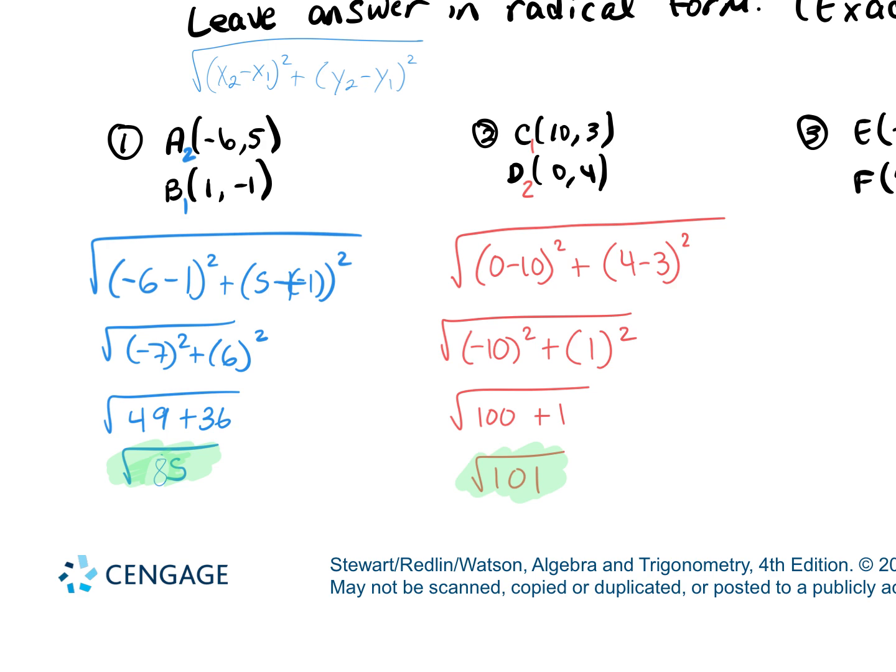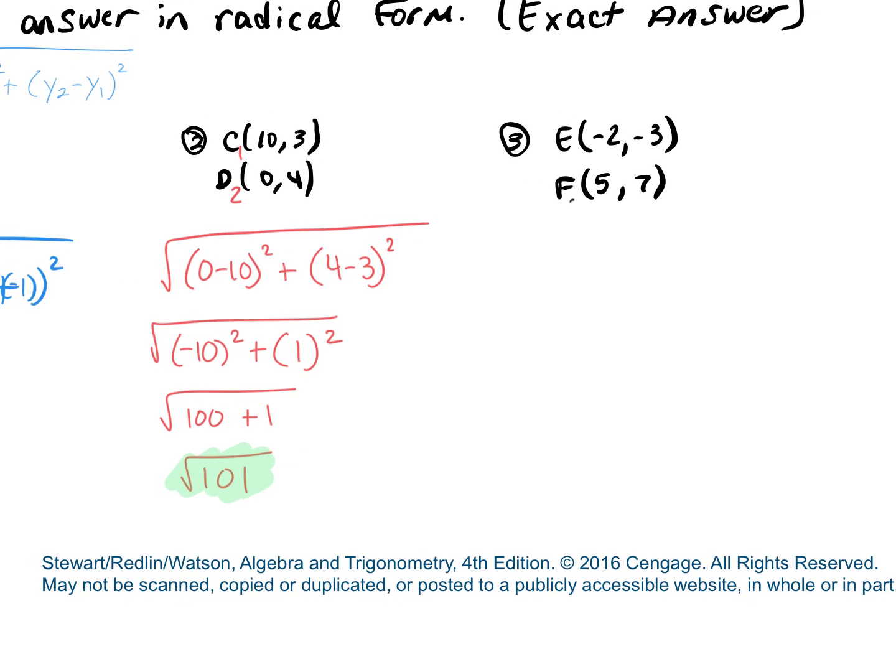Now for 3, I'm going to choose my F to be the 2 and my E to be the 1, just to be more consistent with what you've been taught in the past. It's going to be 5 minus negative 2 squared plus 7 minus negative 3 squared.